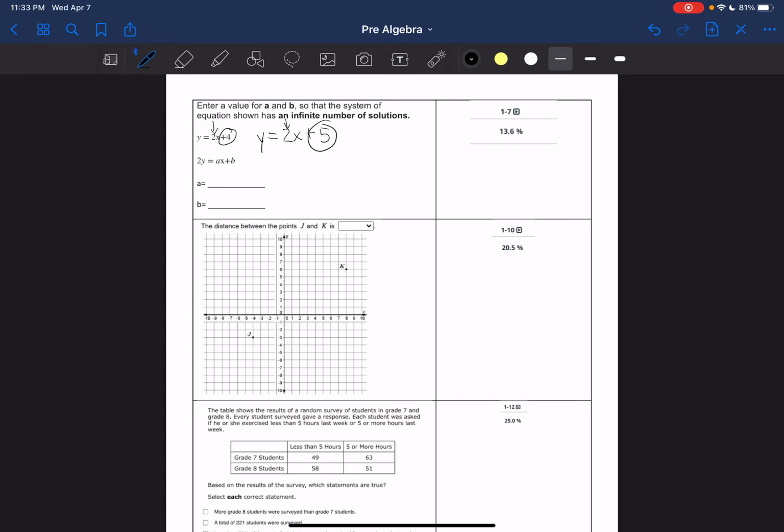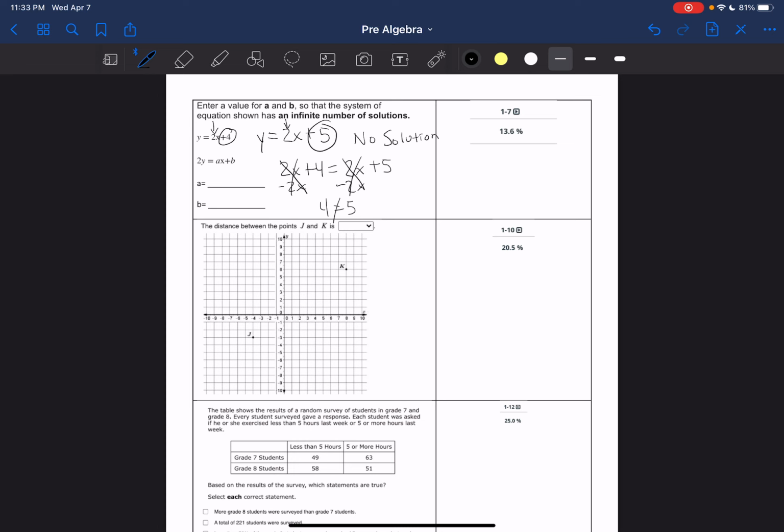So if I were to solve this and put the two equations set equal to each other, I would try and get the x's on the same side, and I end up having them cancel out, and I'm left with 4 equals 5. Well, that statement's not true. So since that statement is not true, that will let me know that I have no solution.